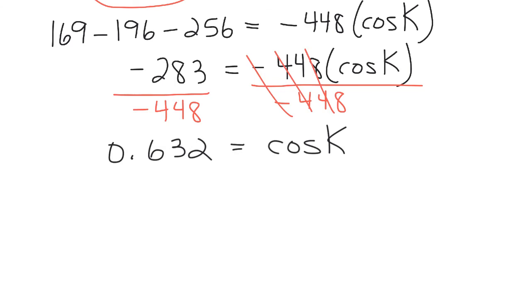And our final step to solve for angle K would be to eliminate or get rid of the cosine. To do that, we are going to have to take the inverse cosine on both sides of the equation.